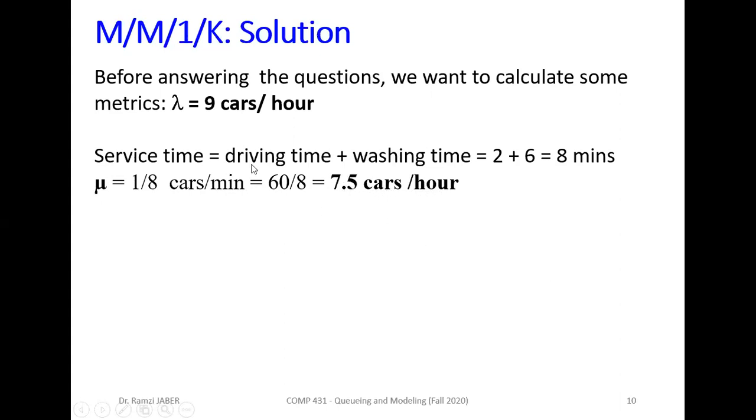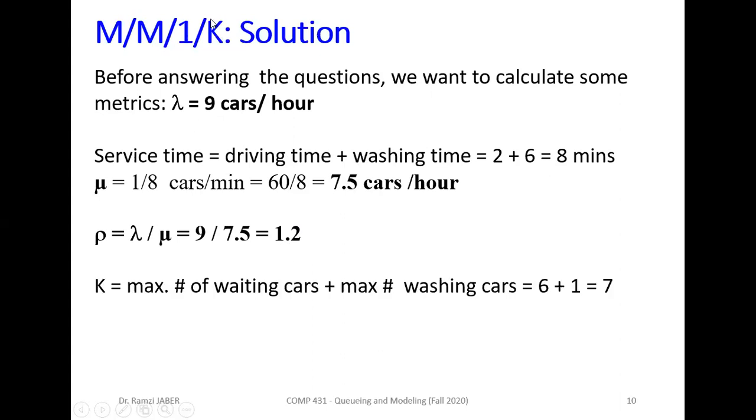As you can see here, lambda is bigger than mu. So it's M/M/1/K. It must be lambda bigger than mu, else it's not M/M/1/K, it will always be M/M/1. Now also we want to calculate rho. Rho equals lambda over mu equals 1.2, bigger than 1.